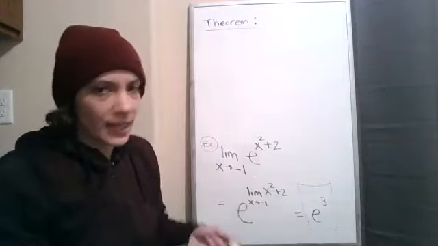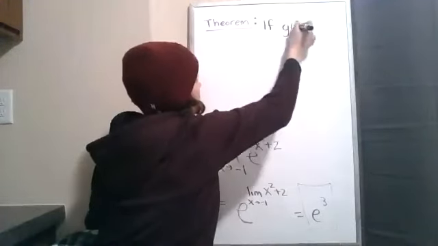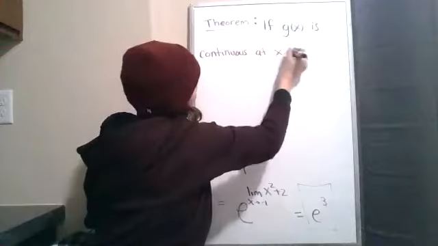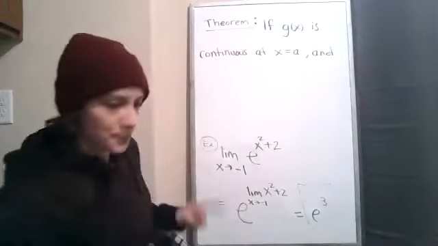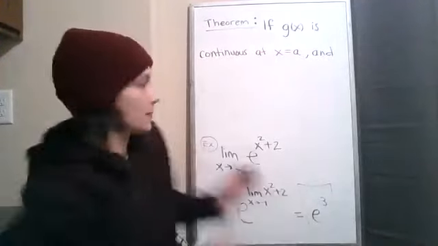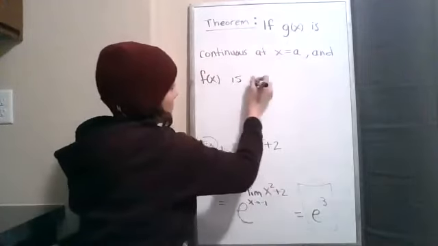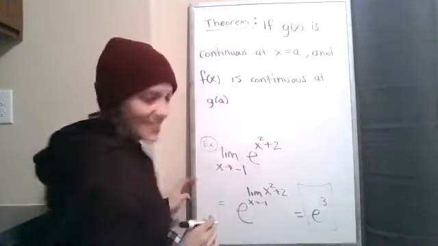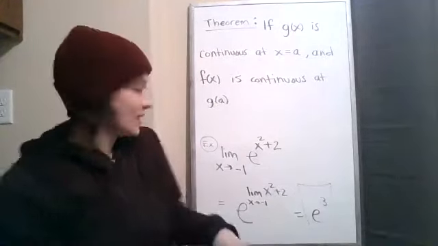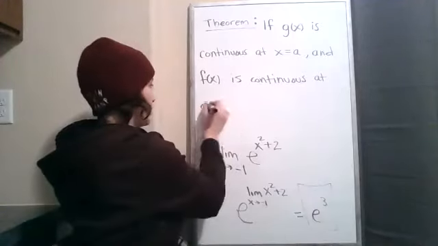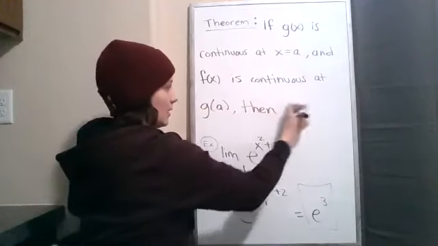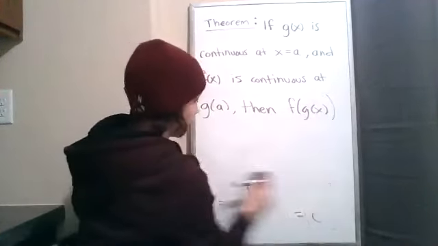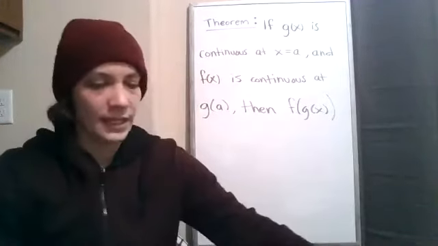If g of x is continuous at x equals a, and f of x is continuous at g of a, then f of g of x is continuous at x equals a.